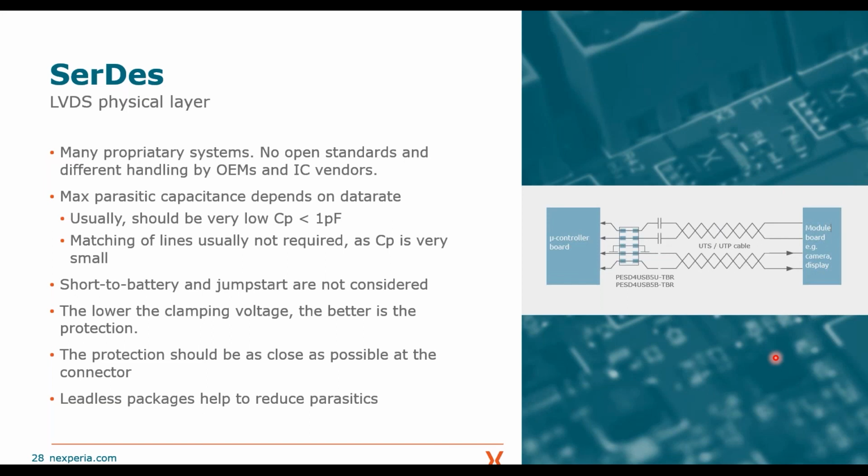But nevertheless, due to the very high data rate for SerDes, you need to look at the signal integrity even more, and therefore the parasitic capacitance needs to be below 1 picofarad, far below 1 picofarad. We are targeting roughly 0.1, 0.2, 0.3 picofarads for our devices.